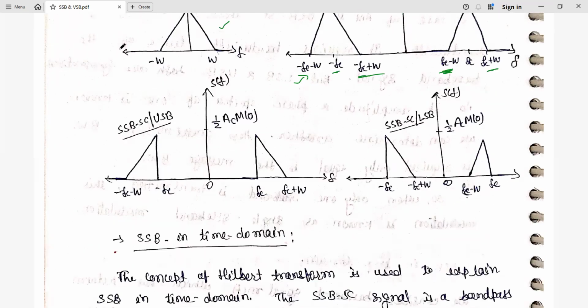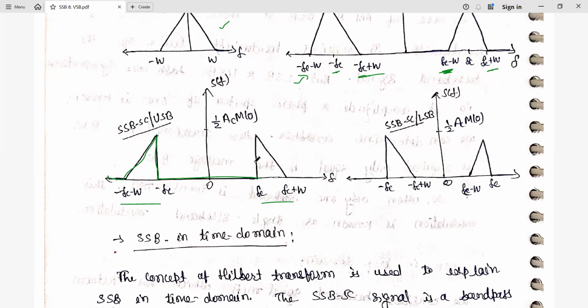Whereas in case of single sideband, we are able to transmit either the upper sideband or the lower sideband. In this diagram, the upper sideband is shown for the negative frequency as well as the positive frequency. For this duration only we have information, and from minus fc to plus fc it is 0.